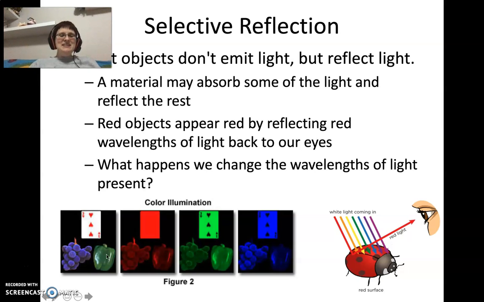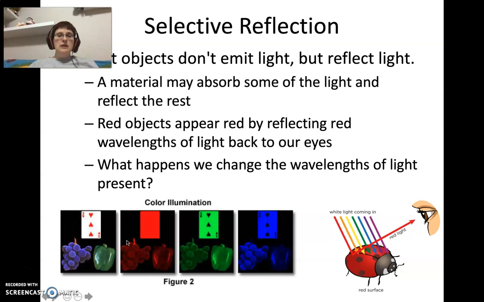So this is in white light. So we've got this guy in white light, and then it's the same objects in these other pictures, but they exposed them under different wavelengths of light, just single wavelengths.